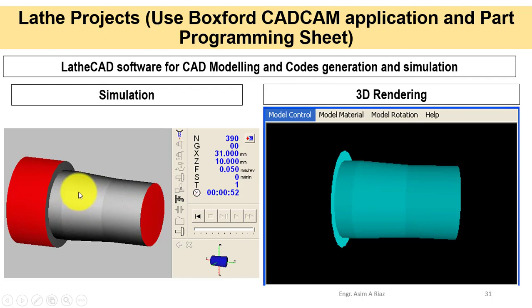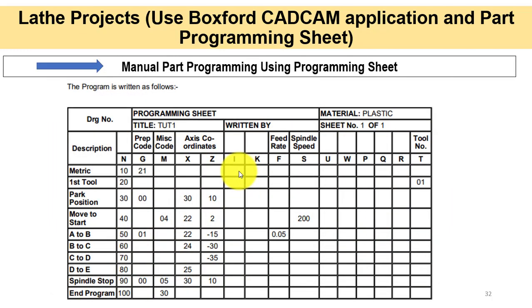If the model is validated, we have another option for rendering. If you want to render your figure, you can go for 3D rendering, and if it is okay, then you can send the figure for real-time manufacturing in the Boxfort machine.